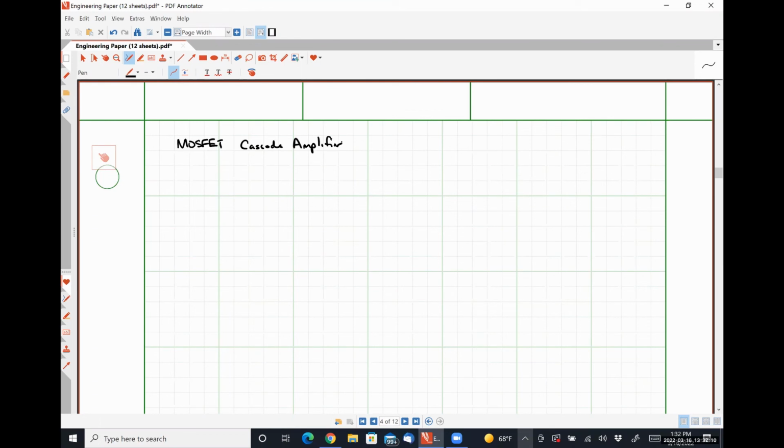That was a cascoded current... I don't recall, maybe. Yeah, let's find out. So we're just going to go full on into the practical version of it.